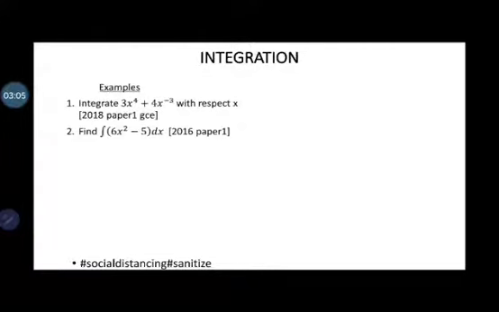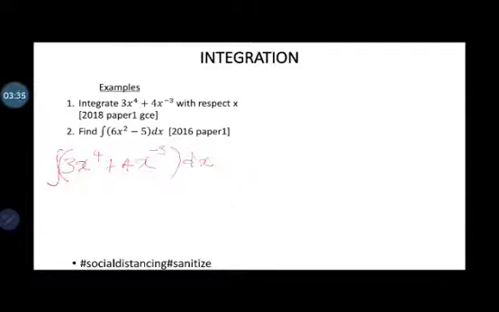So integrate 3x to the power 4 plus 4x to the power minus 3 with respect to x. So we want to find the integral, that's the sign of integration, the integral of 3x to the power 4 plus 4x to the power minus 3 with respect to x. So we have dx there.